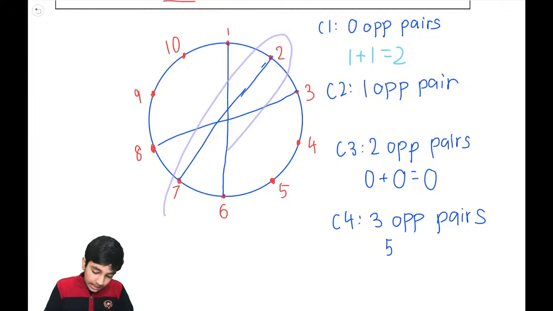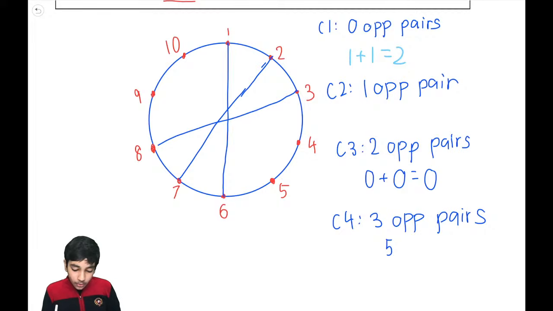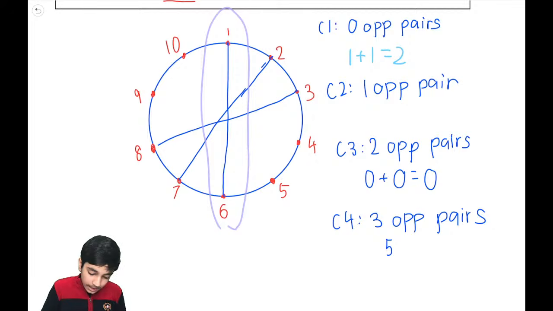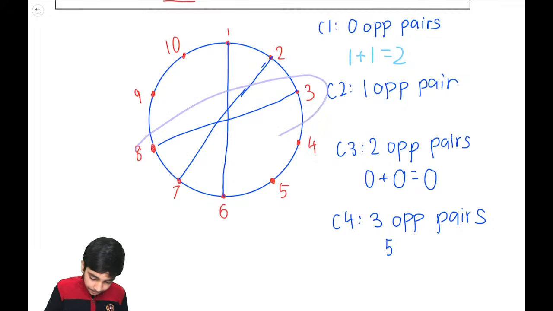So there's 3 pairs, and I'm talking about the ones that are consecutive. Let's count how many middle pairs there are. 1 and 6 can be the middle pair. 2 and 7 can be the middle pair, like I have right now. Or we can have 3 and 8 be the middle pair.